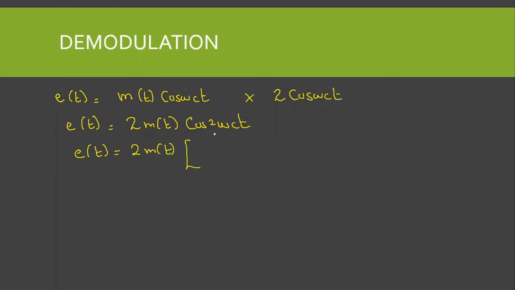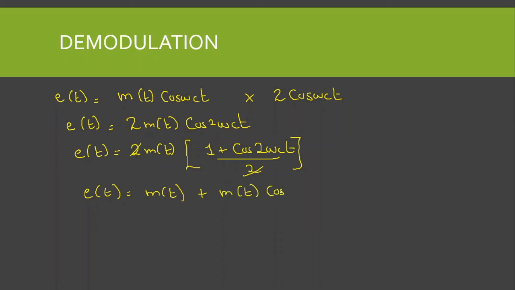Now we are going to use the trigonometric formula, which gives 1 plus cosine 2 omega ct divided by 2. This 2 will cancel out with this 2. As a result, we are going to have e of t is equal to m of t into 1 plus cosine 2 omega ct, which is m of t plus m of t cosine 2 omega ct. Let me name it as equation 1.